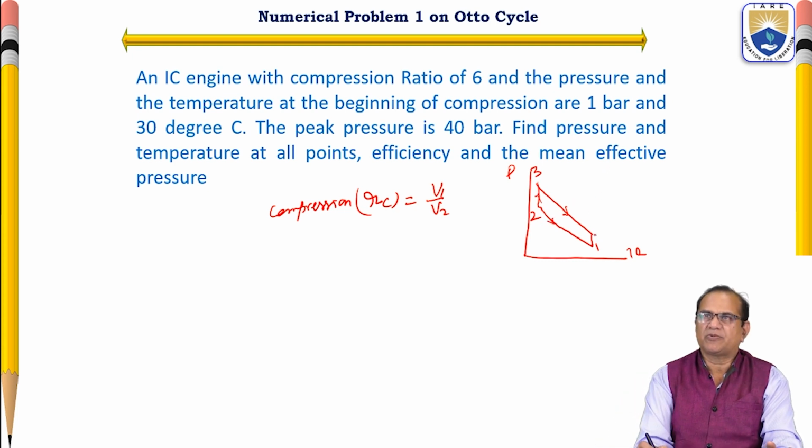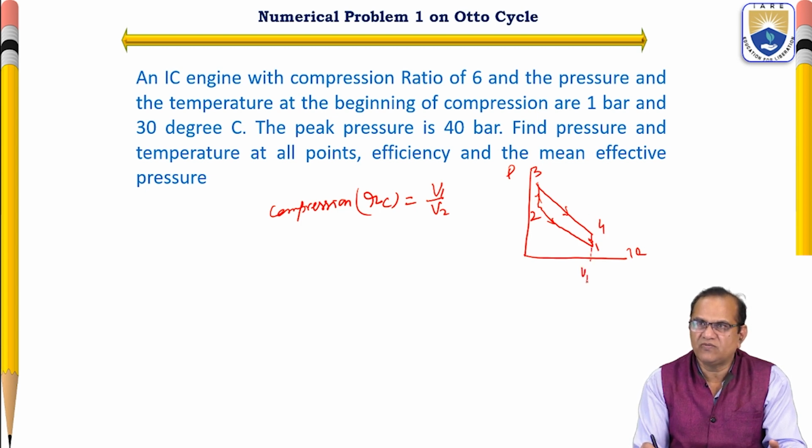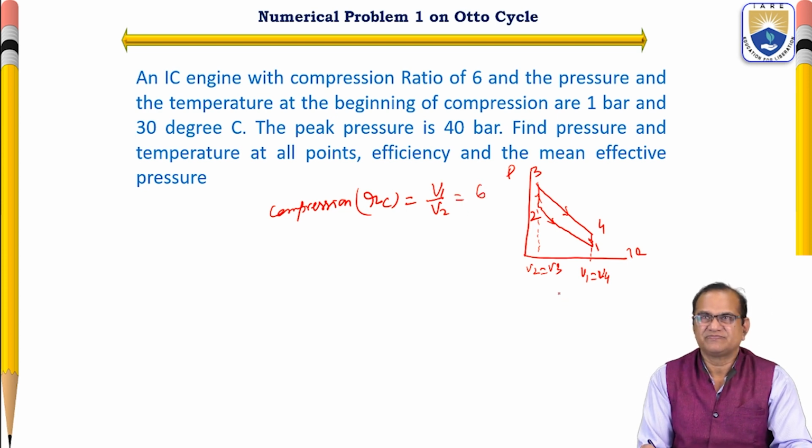So this is the process, and this is V1. So 1, 2, 3 and 4. V1 is equal to V4, and V2 is equal to V3. So compression ratio V1 by V2 is given as 6.